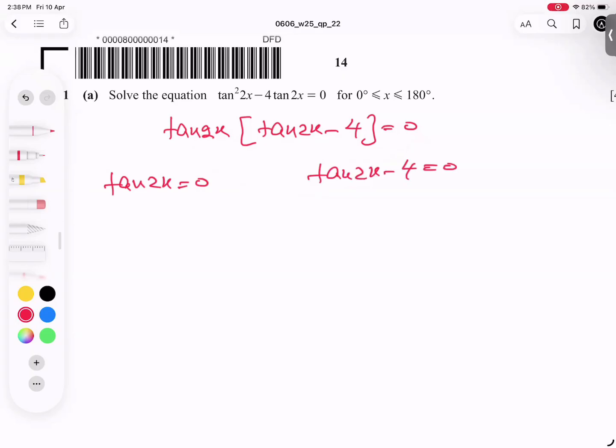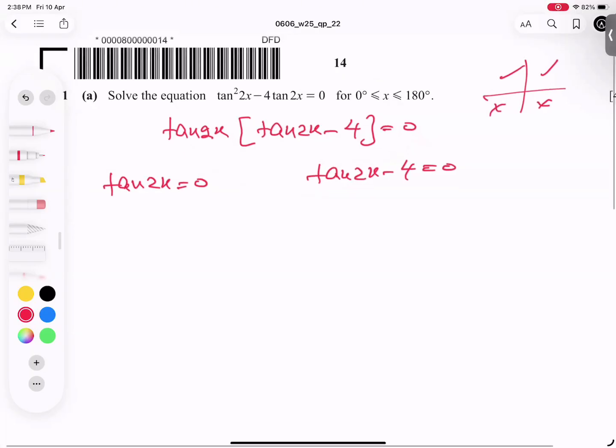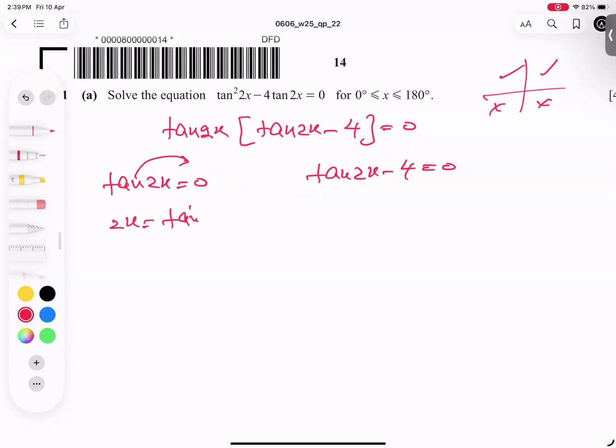Now here you will take tan inverse, but keep your eye on degree mode and first two quadrants only. We have to answer in first two quadrants. Now where tan is 0, tan will go there and become inverse. So basically we are looking for what angle tan is 0. And you must know tan is 0 where sine is 0. Sine 0 is here along the x-axis.